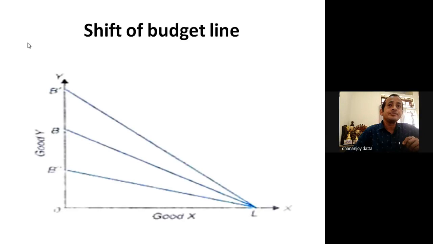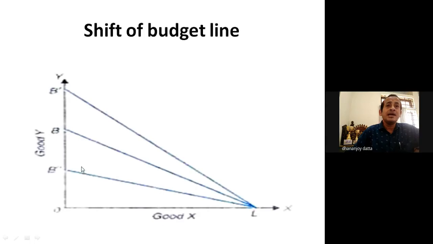We can take it as B dash, and the consumer purchases the same amount of the good X. So this is the shift in the budget line from B to B dash due to the increase in the income of the consumer, other things assumed constant.